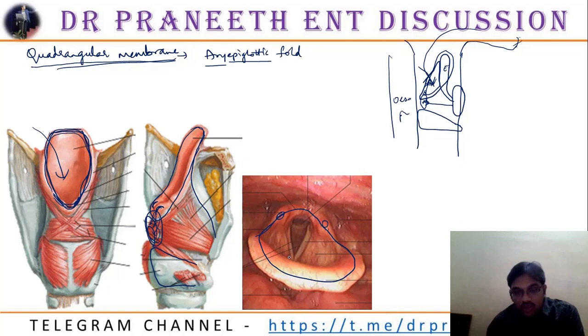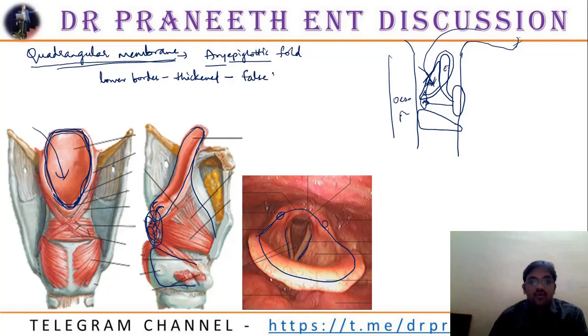The lower border of this fold is thickened to form the false vocal cord. It is also called the vestibular fold.